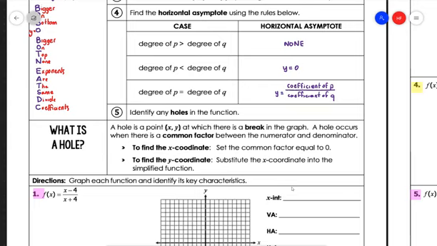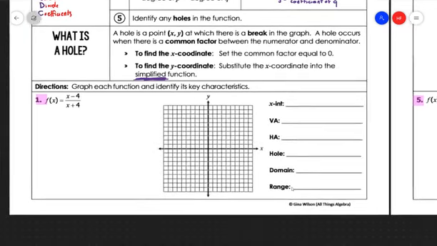And so the x-coordinate we'll find by solving that factor equal to 0, and then the y-coordinate we'll get by substituting into the simplified function. If we substitute it back into the original function, we're going to get an error. We're going to get something that doesn't exist. So just be aware that when you are plugging that back in, you're going straight into the simplified version.